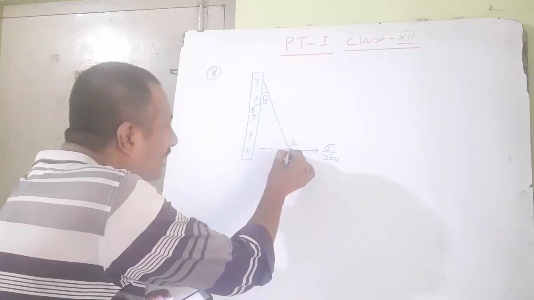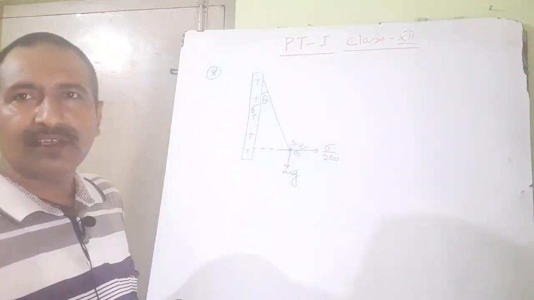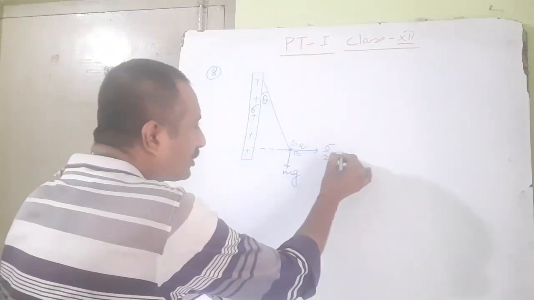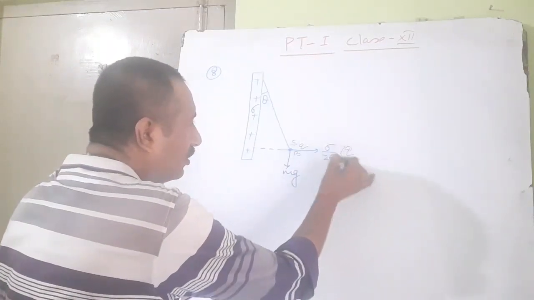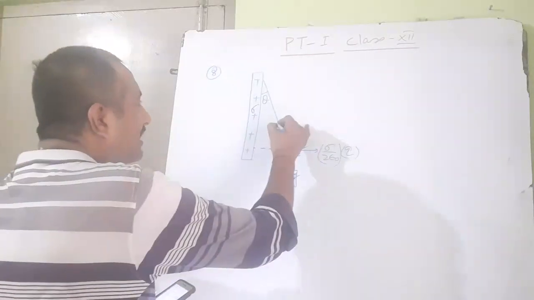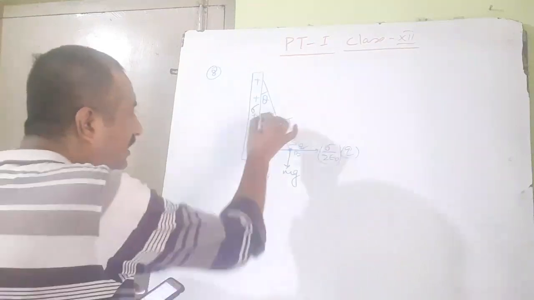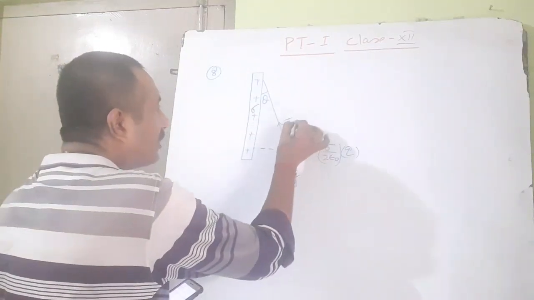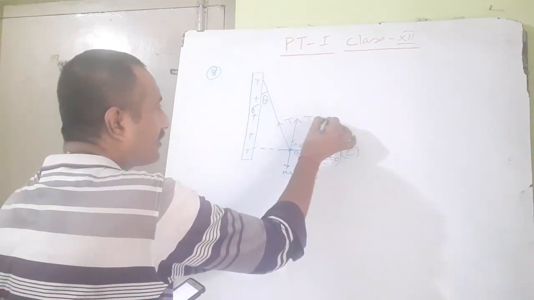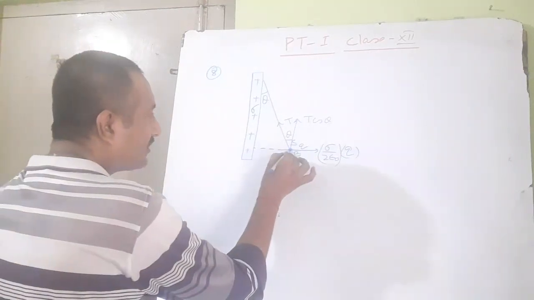Suppose the charge on the ball is Q, so what will be the force on the ball? Q into E. This is the tension in the thread T. This T will have two components, one along this. This is T cos theta because this is theta, alternate angle, and this is T sin theta.